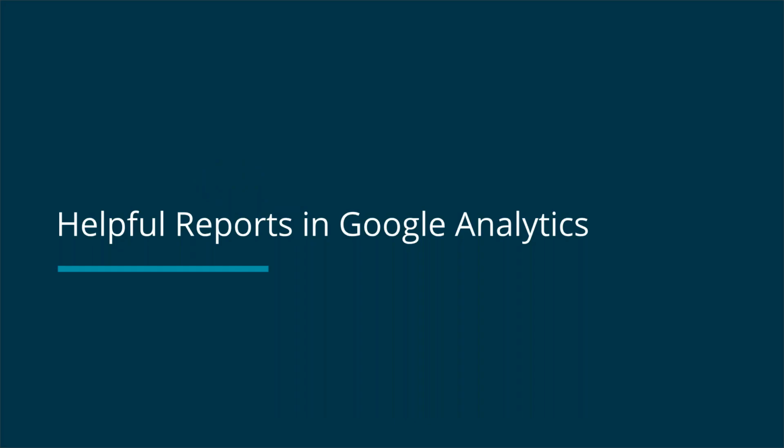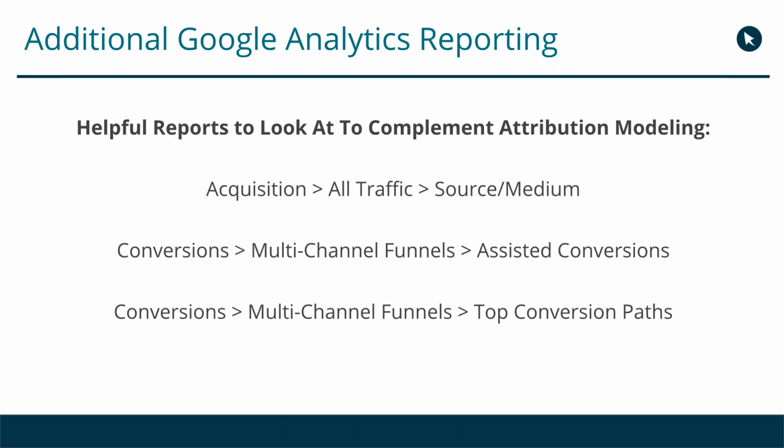Okay, let's move to the next section, which is looking at some Google Analytics reports that can be helpful to you when you're getting into this new attribution mindset and going away from just last click. The first one is the all traffic report.